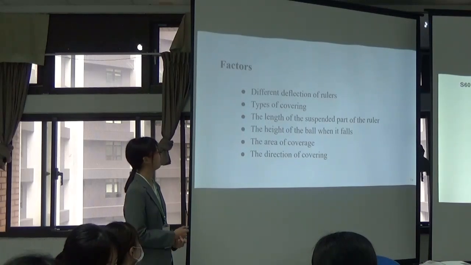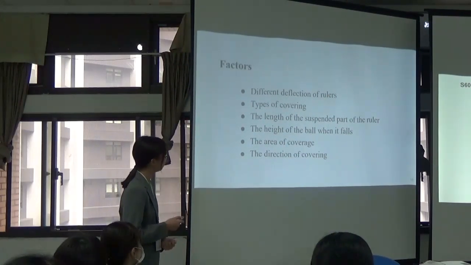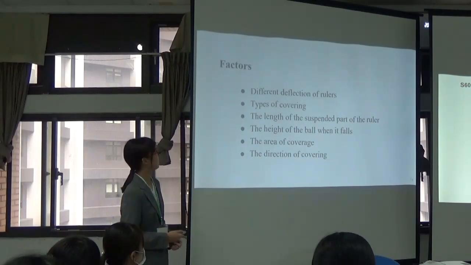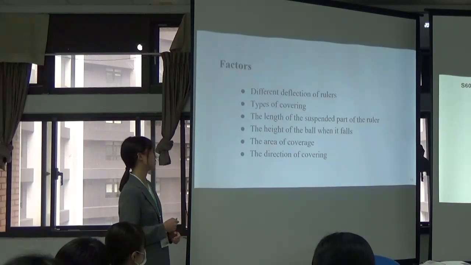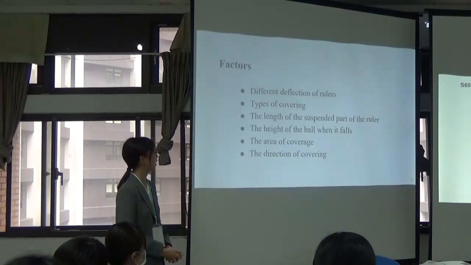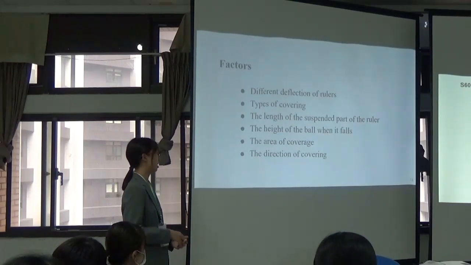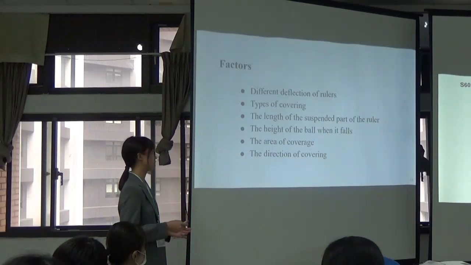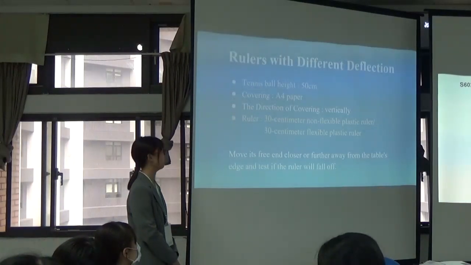So here are our factors. We are going to change the deflection of the rulers, the type of covering, the length of the suspended part of our ruler, the height from which the ball falls, and also the area of the coverage and the direction of the covering. So here's our first experiment.